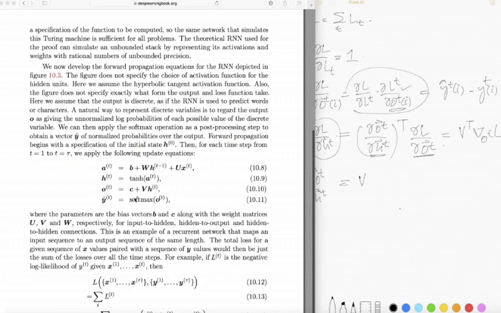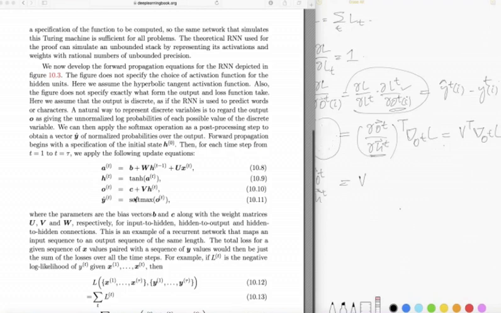I shouldn't even write partial L over partial O_t; I should just write the gradient of it, and I should write this as the gradient with respect to H_t of L. Okay, so this is the derivative. Let's take a 2 minute pause and you can ask questions.